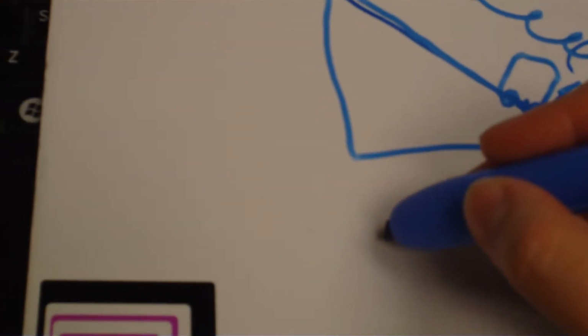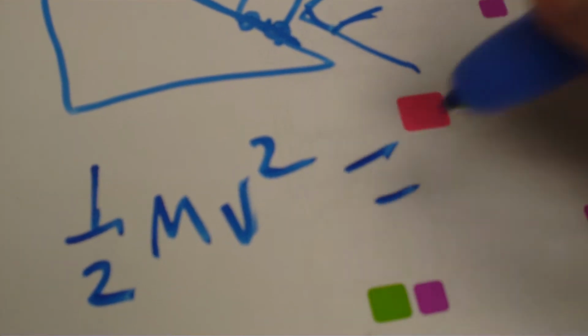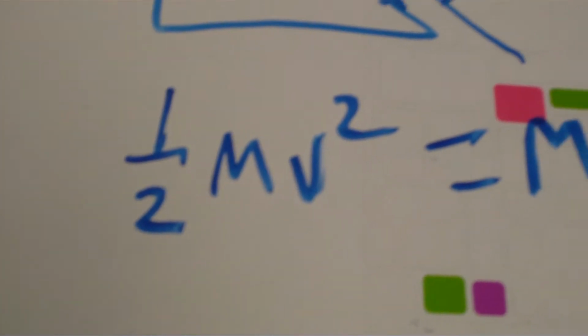So that means the energy we had to begin with in that cart is 1/2 mv squared, right? And that's going to be equal to mgh. So 1/2 mass times velocity squared equals mass times gravity times height. And this is the height, right?